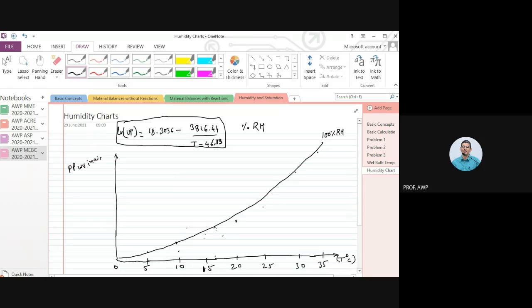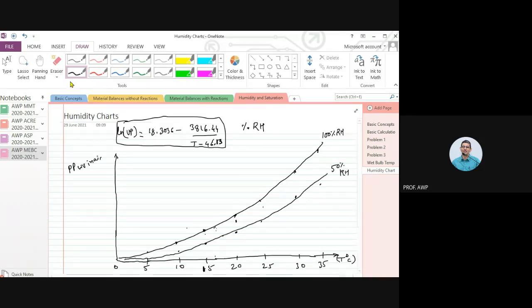Same way, 15 degrees centigrade, I will find the vapor pressure, take 50% of that and plot that point. 20 degrees centigrade, I will find the vapor pressure, take 50% of that and plot that point. 25 degrees centigrade, vapor pressure, 50% of that. 30 degrees centigrade, vapor pressure, 50% of that. 35 degrees centigrade, vapor pressure, 50% of that. And I join these points. So this line is going to correspond to 50% RH.